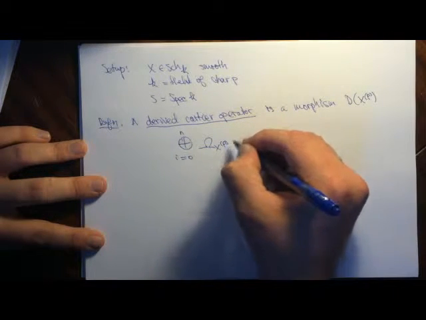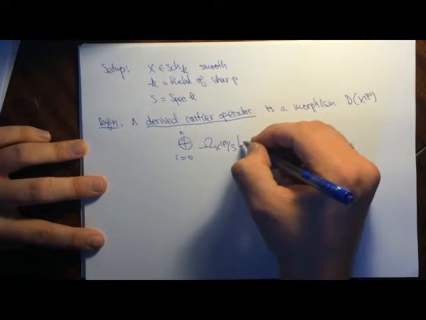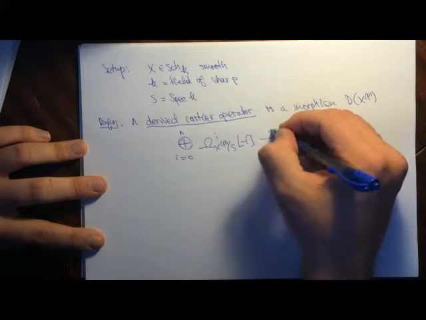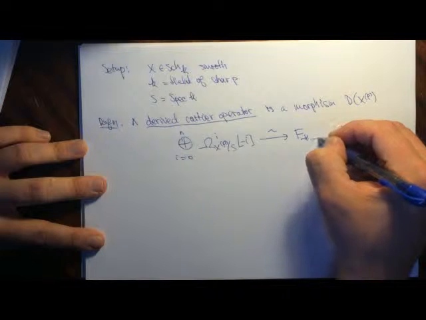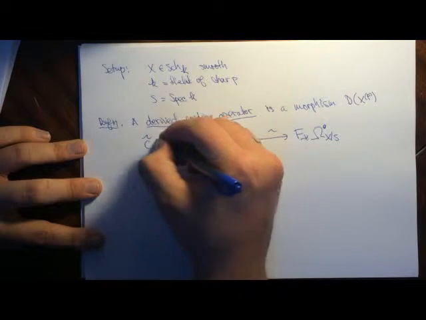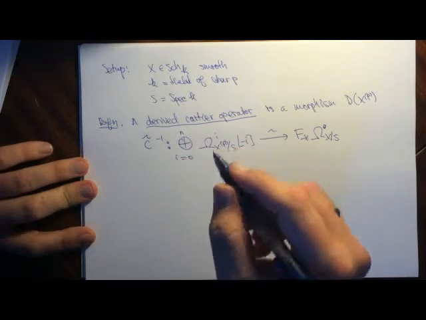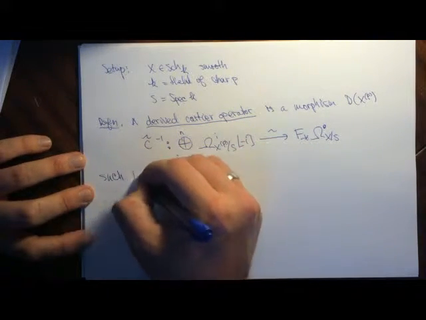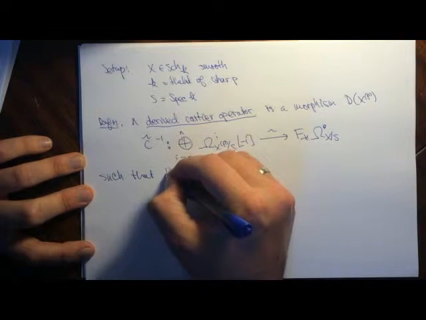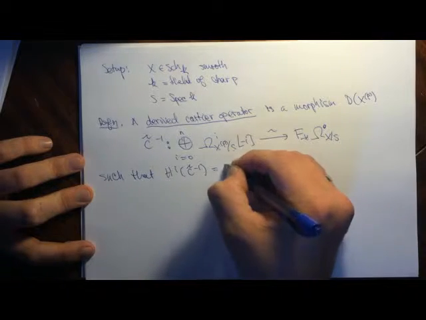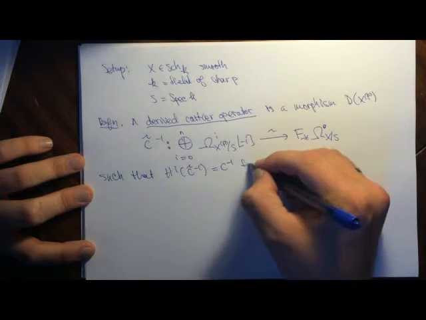We have this relativized Frobenius, and then we're twisting it here with this guy. It's an isomorphism such that when I take cohomology, I get the Cartier operator for all i.